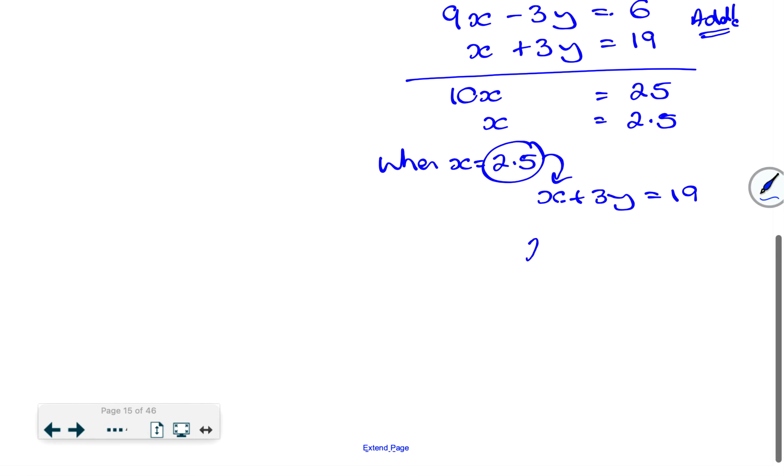So I get 2.5 plus 3y equals 19. So that means that 3y is going to be 16.5 because I've done 19 take away 2.5. So therefore y is going to be 16.5 divided by 3. So y has to be 5.5.